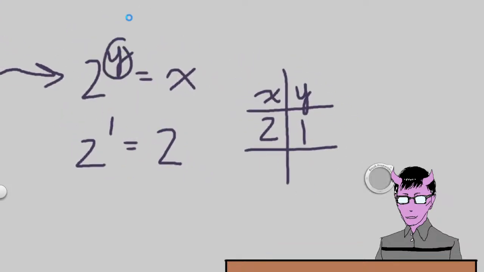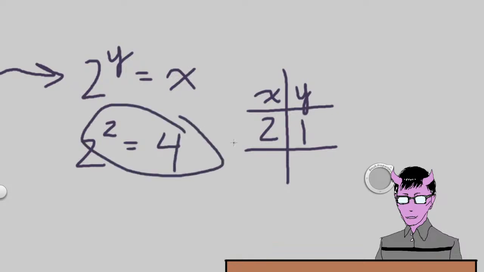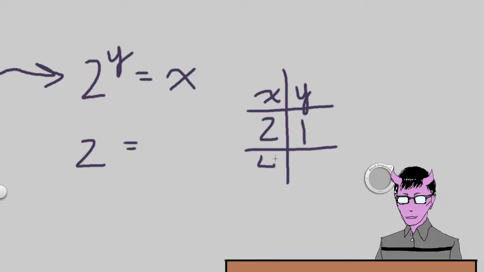So choosing a different number for the y, what happens? So if y is 2, then x is 4, or vice versa. 4, and then 2. If y is equal to 3, then x is equal to 8.